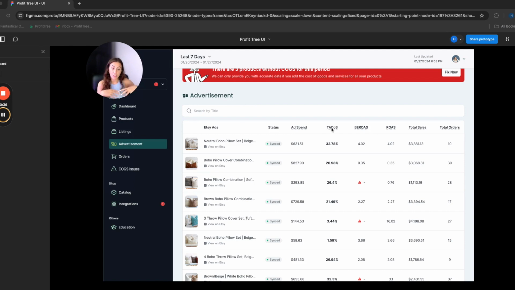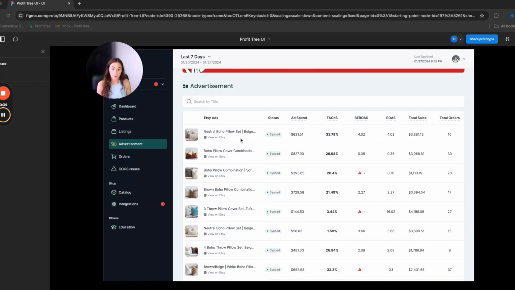But instead of it just being on your store level, you're now going to be able to see it on your individual product listings. So, as we saw, if you want your ad cost percentage for your entire store to be less than 10%, then you would turn off any listing in your ads account that is not hitting your 10% goal and yielding you the profit that you want to see. I think it was 12% on my dashboard.